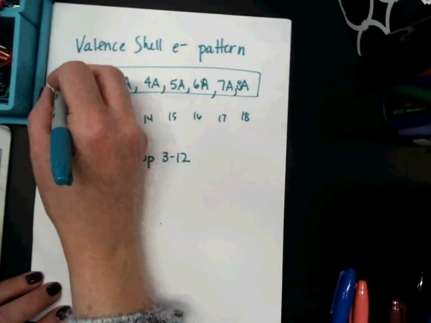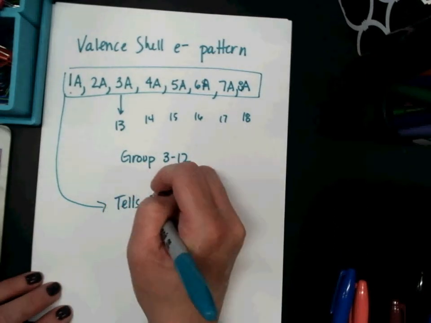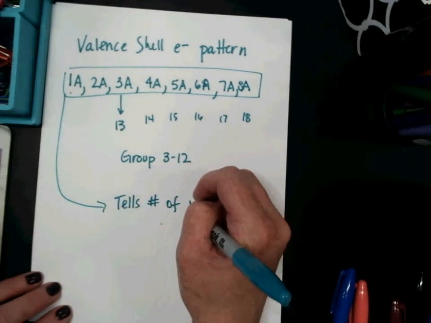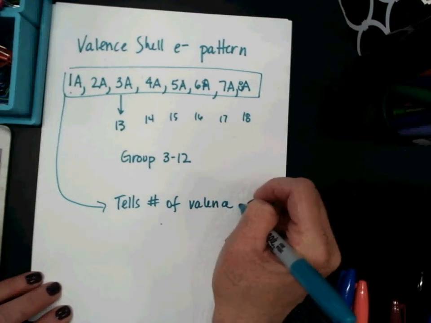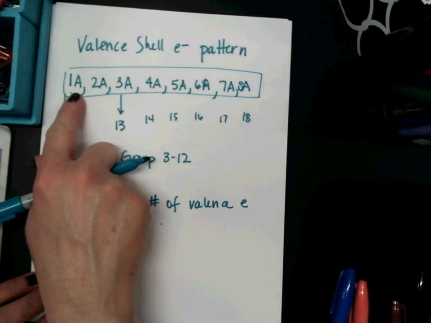If I look at this up at the top, this 1 through 8A, we should remember this tells the number of valence electrons.